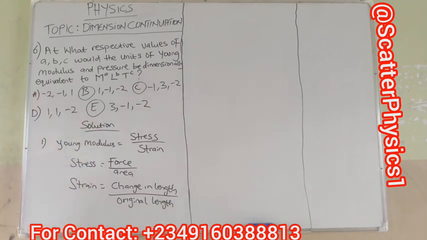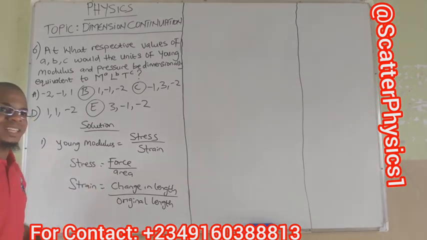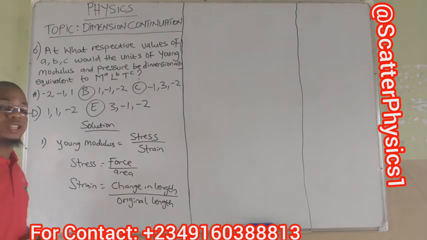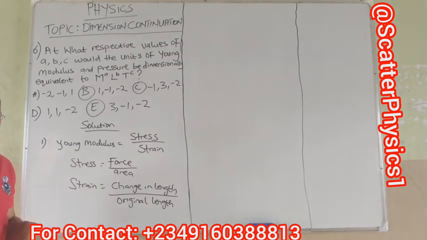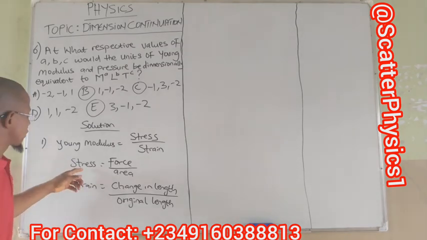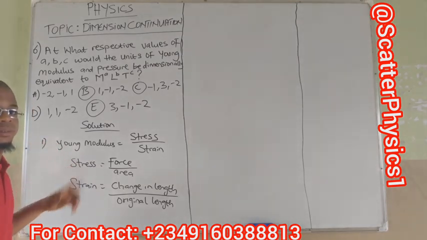If we look here, we see that stress is under pressure, because the formula for pressure is force over area. But strain is dimensionless. Among all the dimensions that we have, we don't have anything like change in length over original length. So strain is dimensionless.